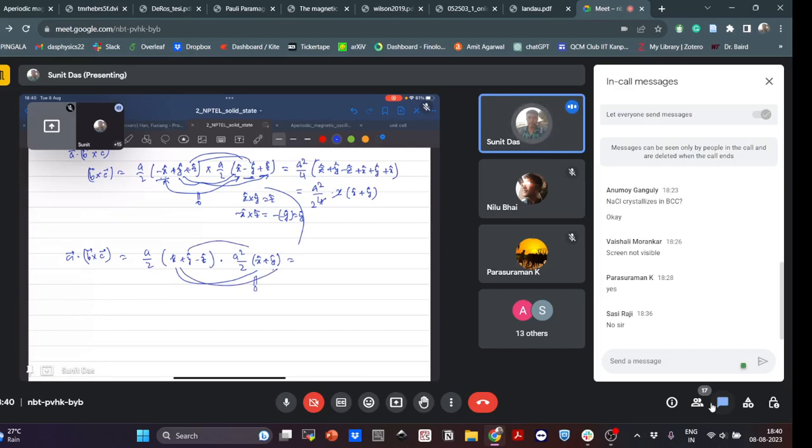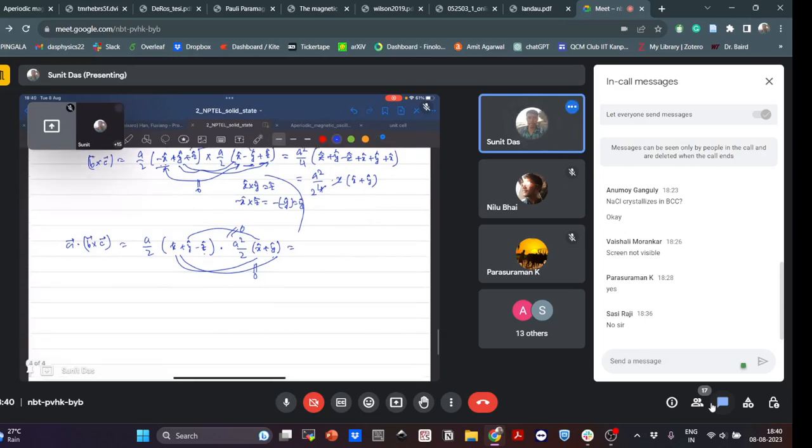Similarly, Y dot X is 0, Y dot Y is 1, right? And the Z part, Z dot X or Z dot Y, both are 0. A cube by 4, X dot X is 1, Y dot Y is 1. So finally A cube by 2. This is A dot B cross C.